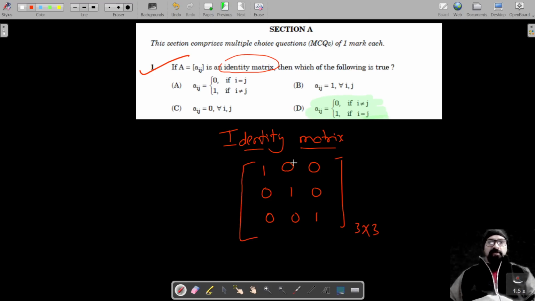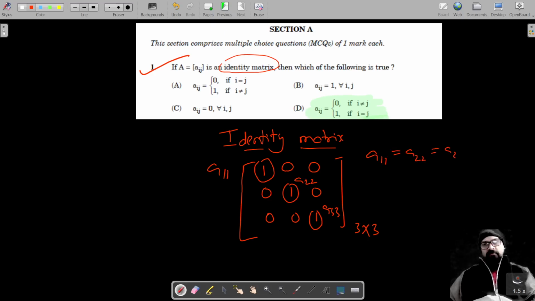In this identity matrix, this element is the principal diagonal element, which is a11. This is a22, and this is a33. Now you can observe that all the principal diagonal elements, that is a11, a22, a33, are equal to 1.